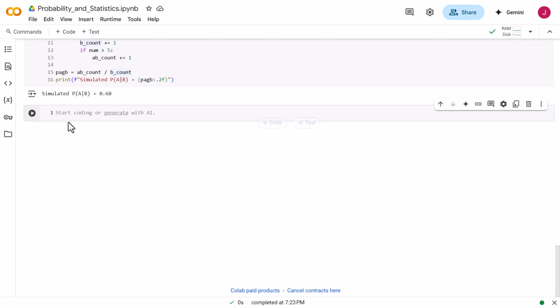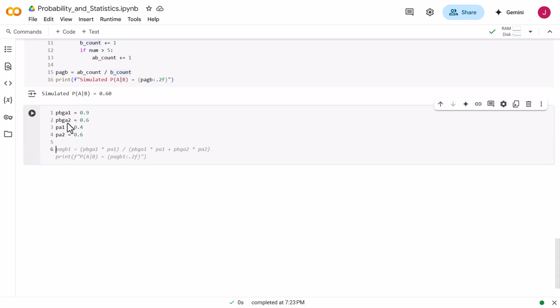For example, probability of B given A1 is equal to 0.9, probability of B given A2 equals 0.6, probability of A1 equals 0.4, and probability of A2 equals 0.6.